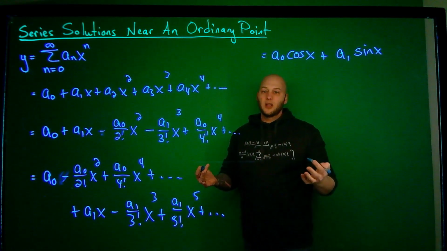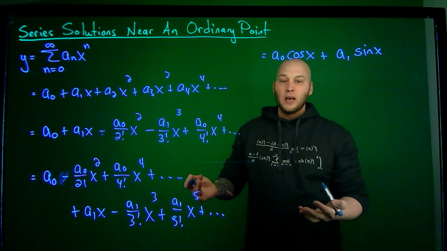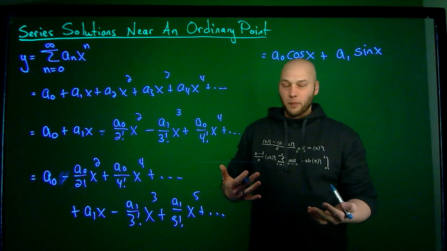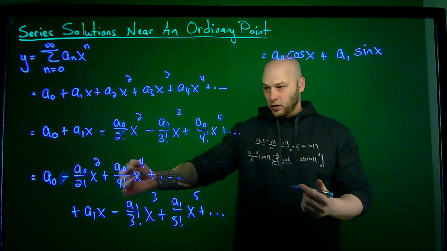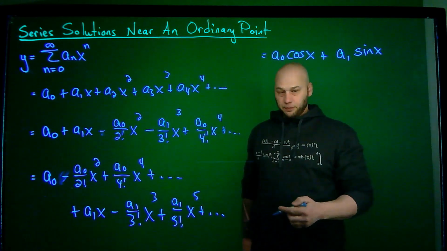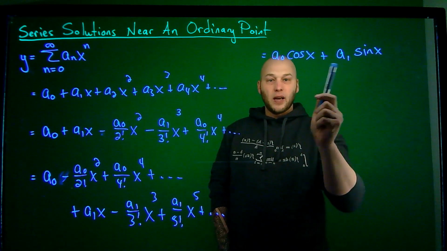Of course, this doesn't always happen for series solutions, which is the power of series solutions: if my solutions are much more complicated than the elementary functions, we might just have an infinite series. But in this particular case, we get a linear combination of the sine and the cosine.